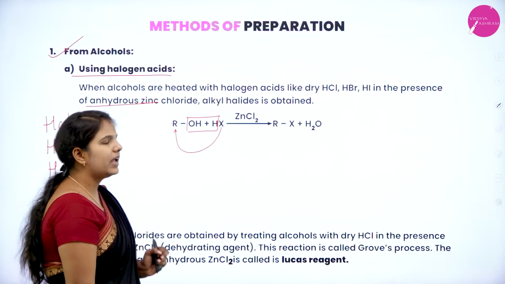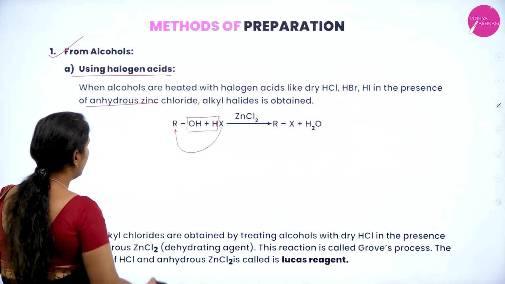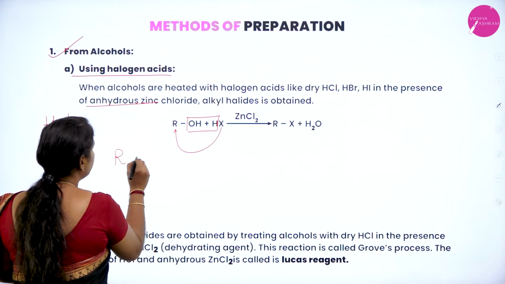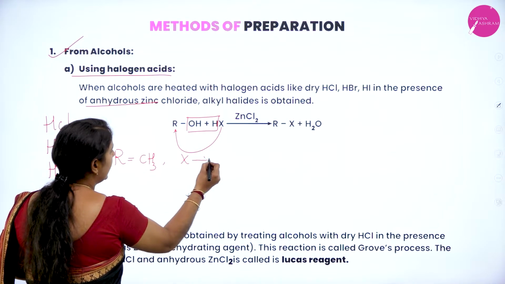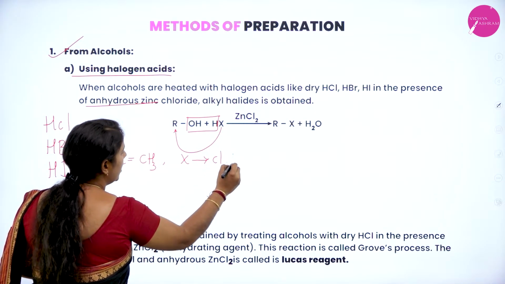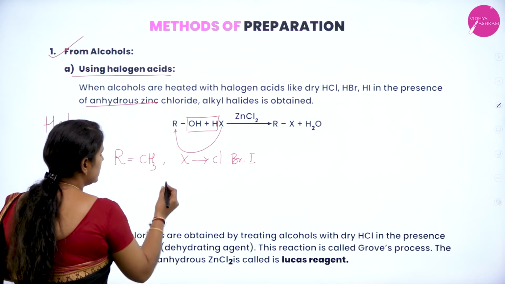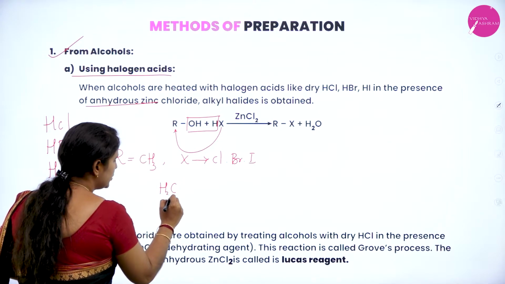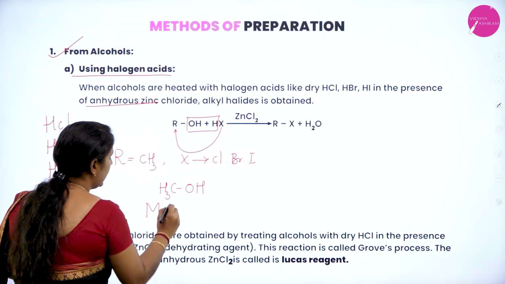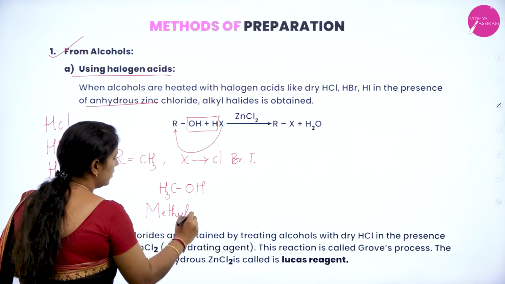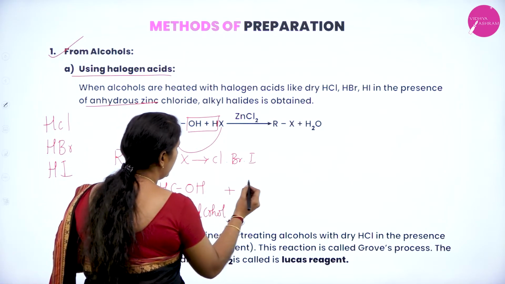Okay, so we'll take one example by replacing the R with CH3. I can replace the halogen with fluoride, bromide or iodide, but I'll take the example of CH3OH. Okay, this is my methyl alcohol, which has been treated with what?